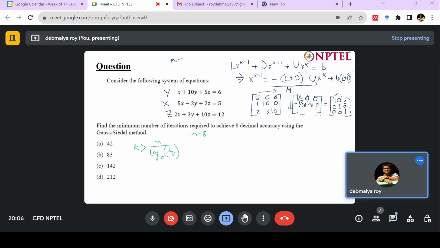So this will be 1 by 10. This term you would need to calculate. These two terms you need to calculate. Please try to tell me how much this term will be.